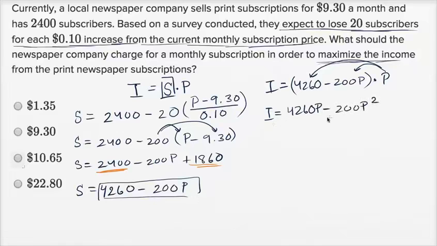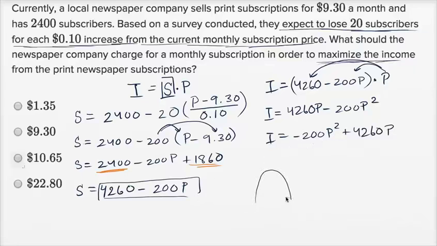So income as a function of price, it is a quadratic. And I actually like to write my highest degree terms first. So income is equal to, I'm just going to swap these, negative 200P squared plus 4,260P. So this is a quadratic. And it is a downward opening quadratic. We know that because the coefficient on the second degree term is negative.